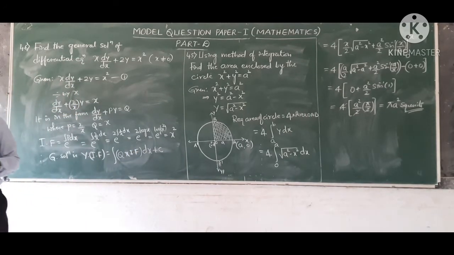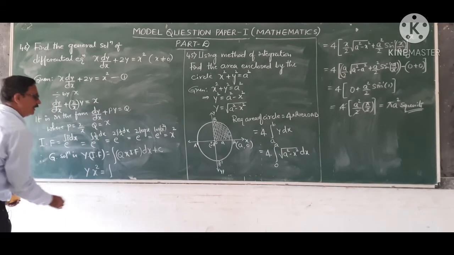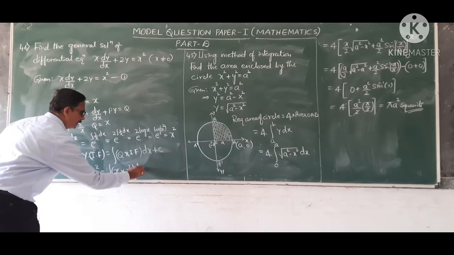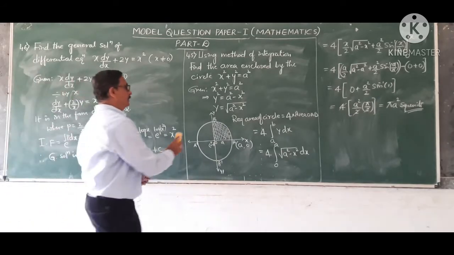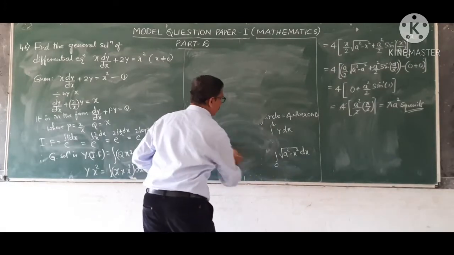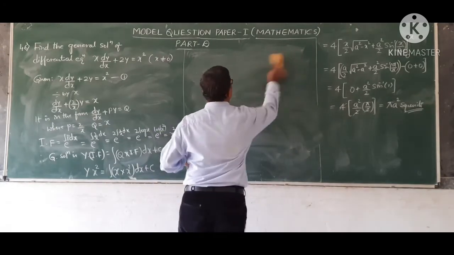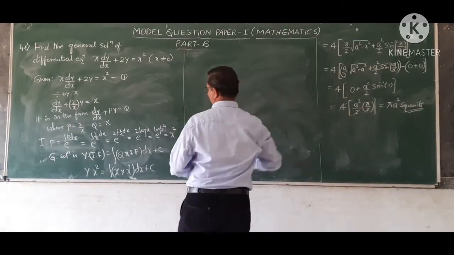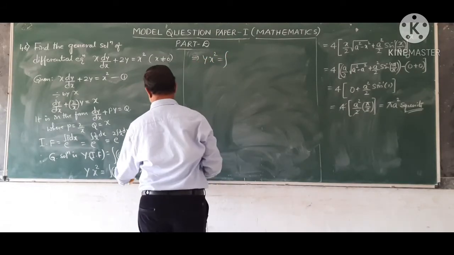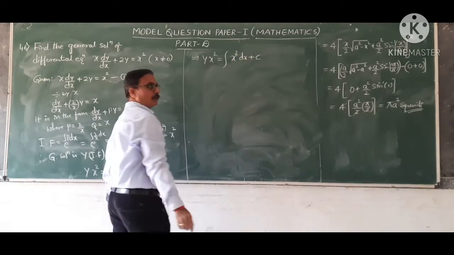Substituting the value, y into integrating factor x square is equal to integral of q value x, integrating factor is x square, with respect to x plus constant of integration c. Then further simplify, yx square is equal to integral of x into x square, x cube, with respect to x plus constant of integration c.